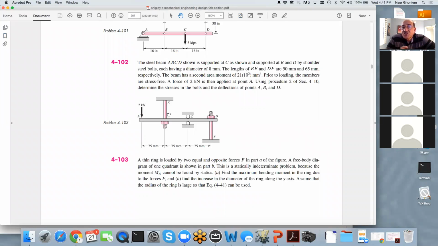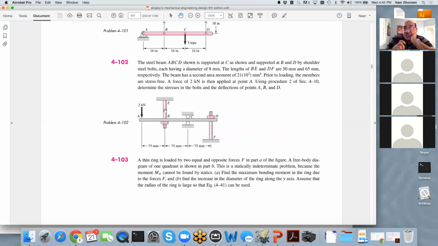So there's a relationship between what's happening in the external bars and the force system on the beam A, B, C, D. Okay. So when we push down here, what's going to happen is that this bolt EB is going to react, so it's going to have a force in it.